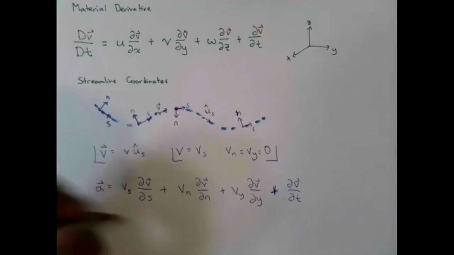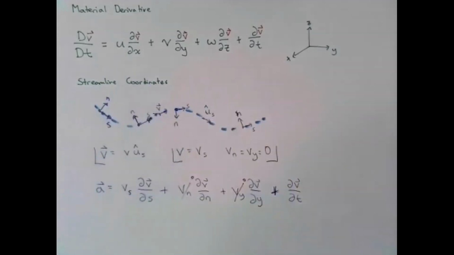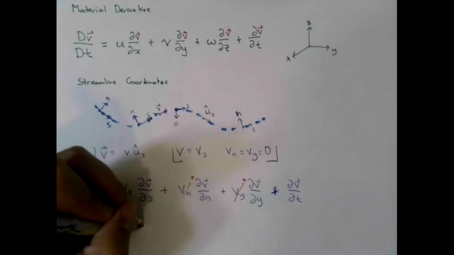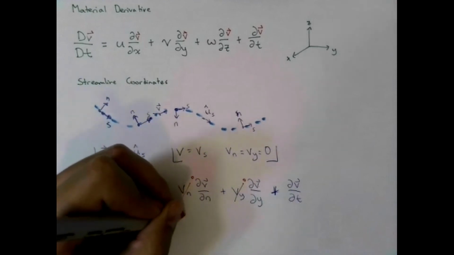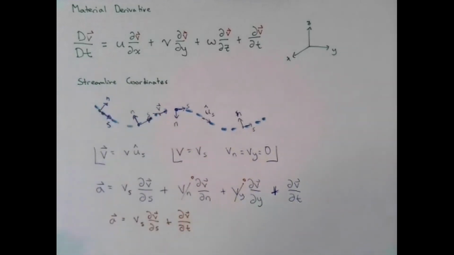So if Vn is 0 and Vy is 0, then my acceleration vector actually becomes much more manageable. Because essentially, all we have is that the acceleration is equal to my streamwise component plus my time components. And we can simplify this even further.